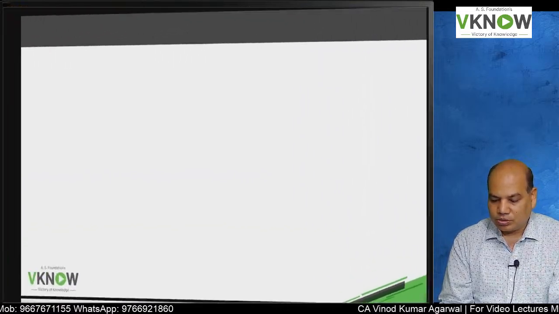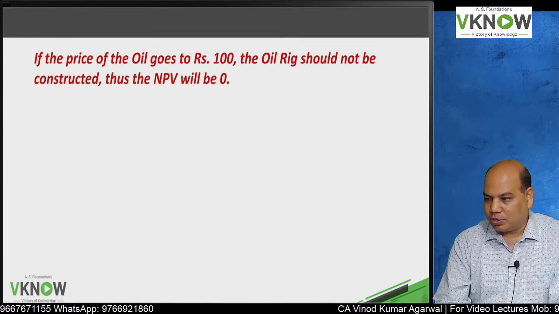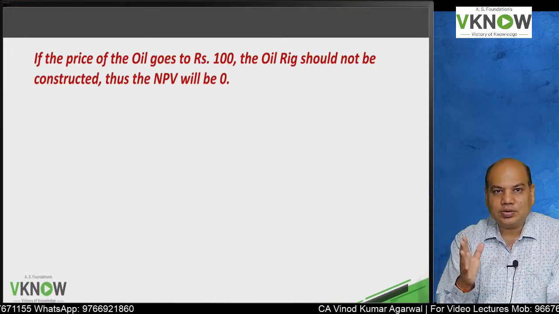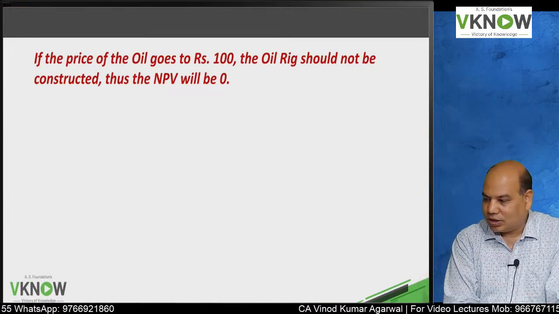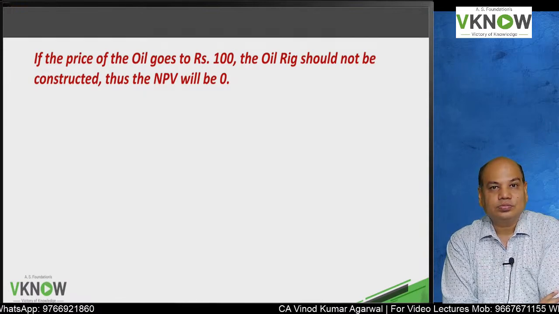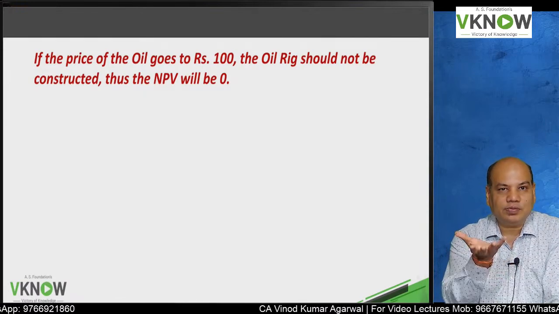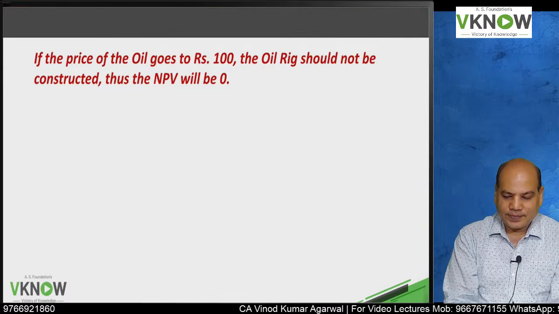So write down below, that was the important point. Many students make the same mistake. They write 1.82 and then the institute's NPV goes up. Okay.